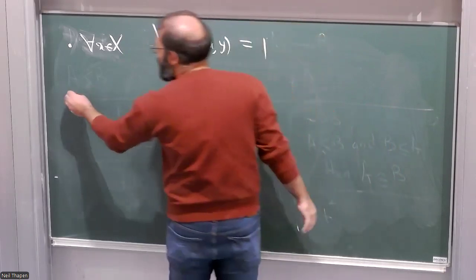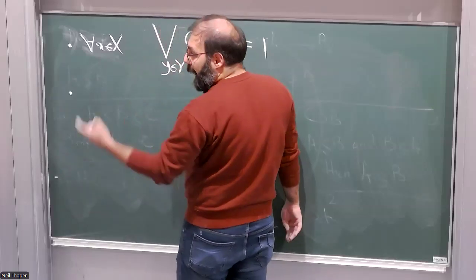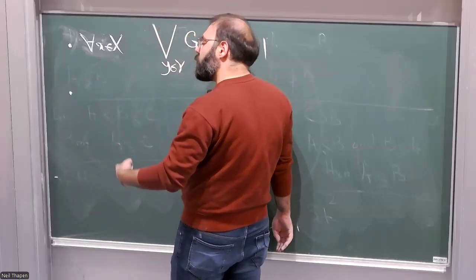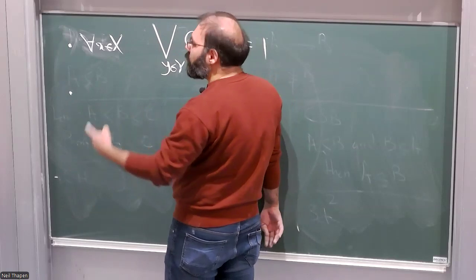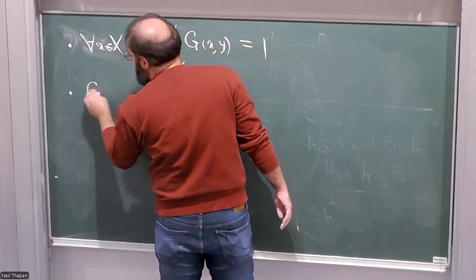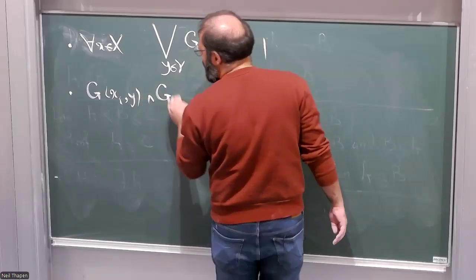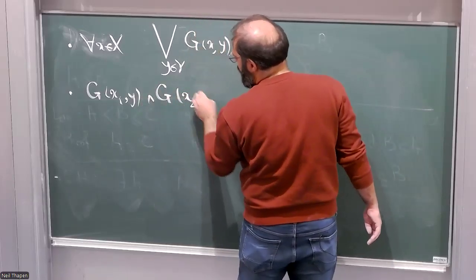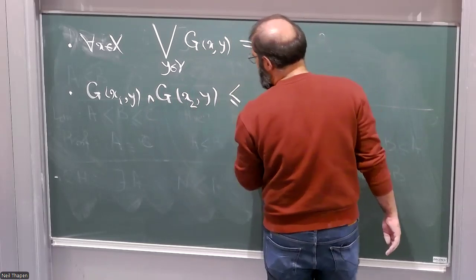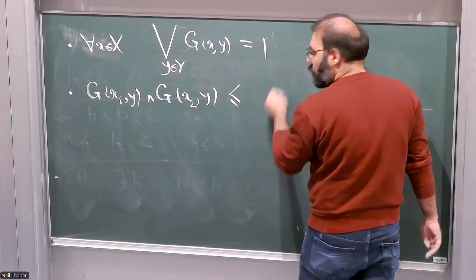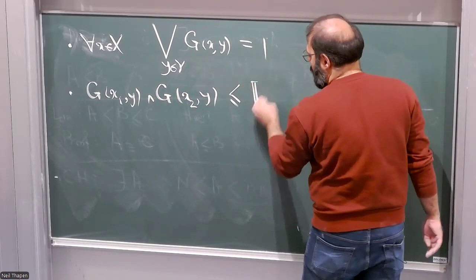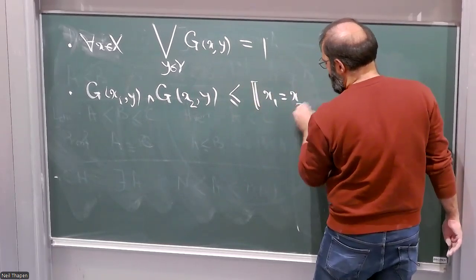And the second condition is that f is monic, and we had the lemma, without proof of course, that something is monic if and only if it has the following property: g x1 y and g x2 y implies the equality between x1 and x2.